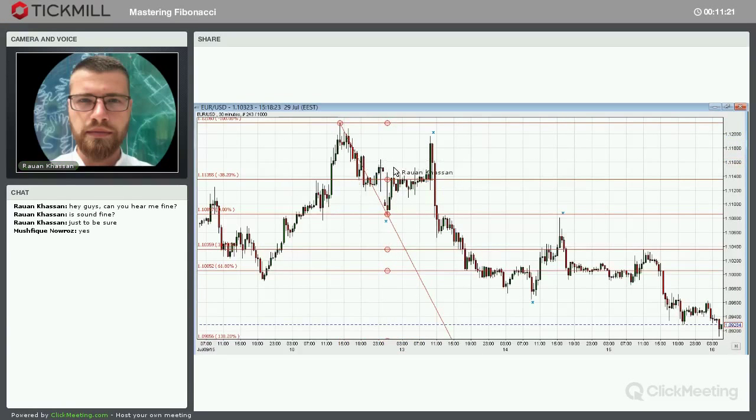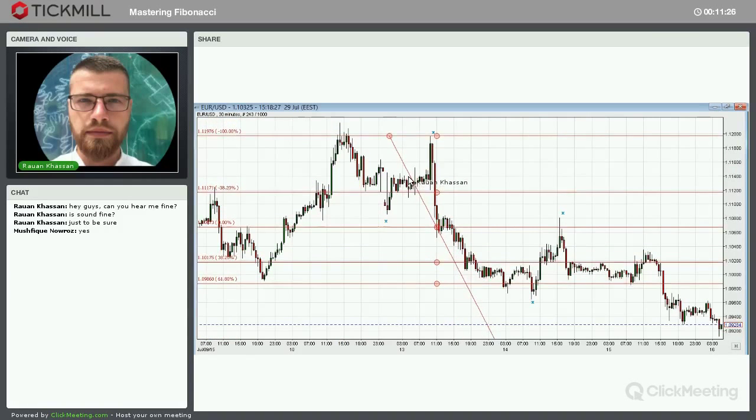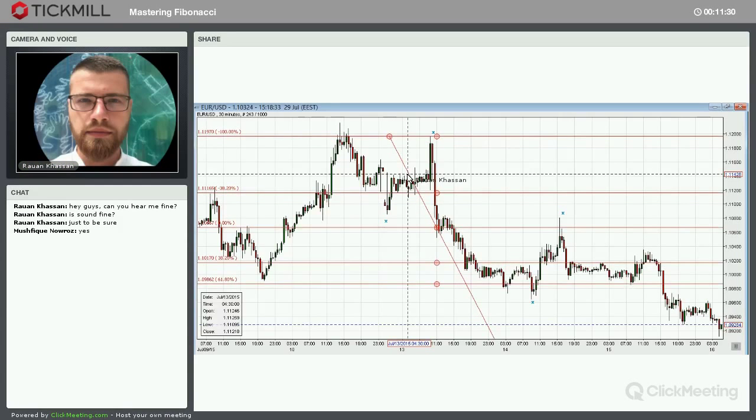What we are doing next is putting the beginning of the Fibonacci extension wave to the following peak, like this. And now we are seeing what information we can get from this pattern.